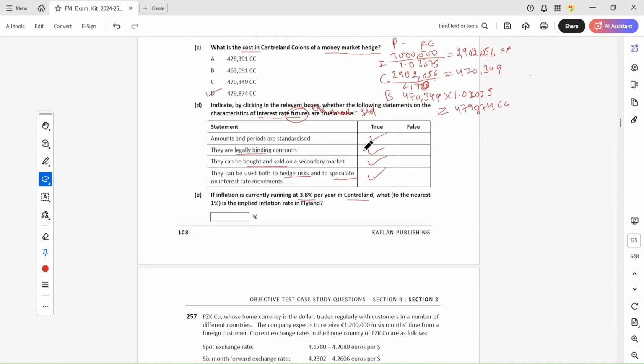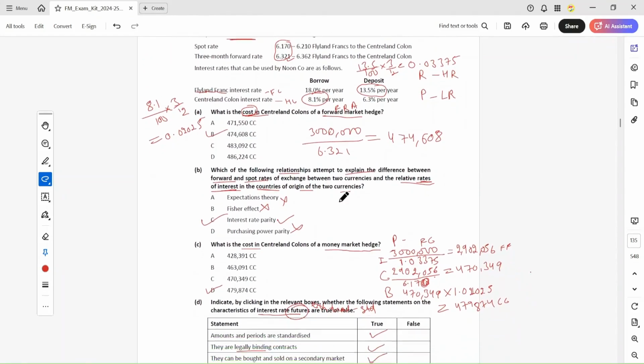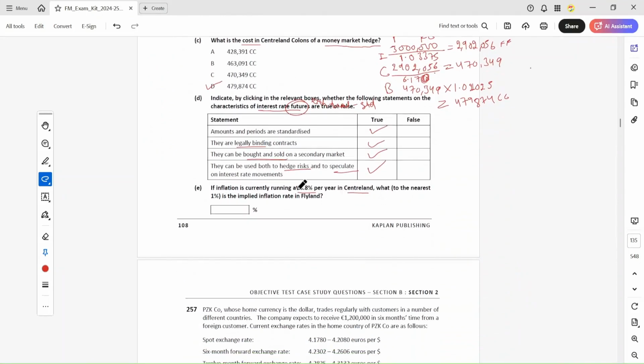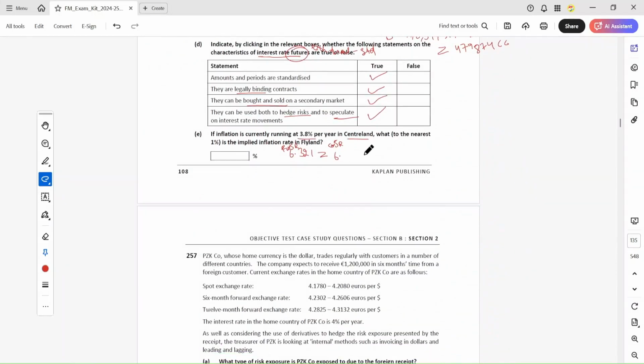We are already given this spot rate. The future spot rate is 6.3321, and the current spot rate is 6.170.